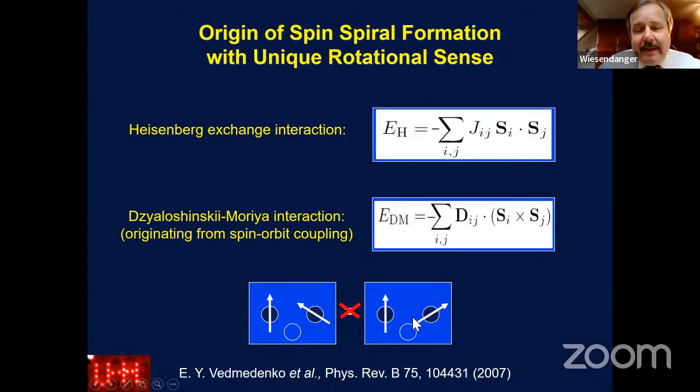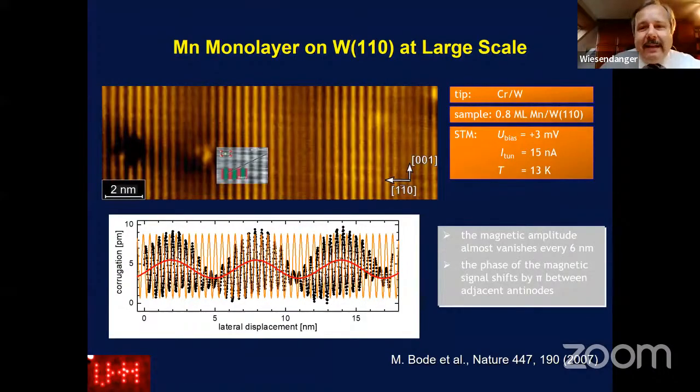Now, in the same year, we also studied not only iron on tungsten, but also manganese on tungsten 110. For manganese monolayers on tungsten 110, you can observe the same kind of physics, namely the dominance of Dzyaloshinskii-Moriya interactions in determining the ground state of such systems.